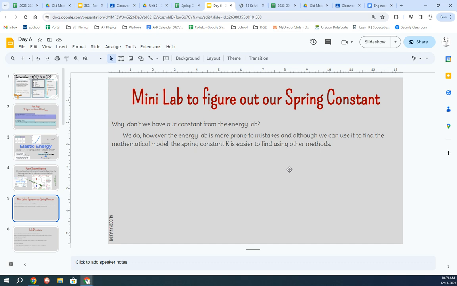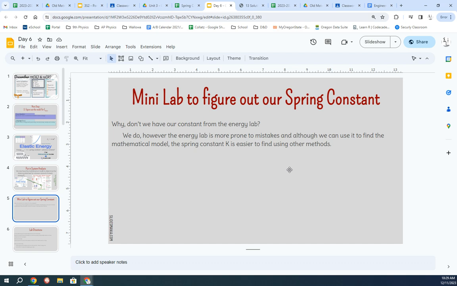They're moving a lot right at the end. So it's really hard to get really accurate data. And although it's great for figuring out the mathematical model, the relationship between the stretch and the energy, again, hopefully you found that that was a quadratic relationship.